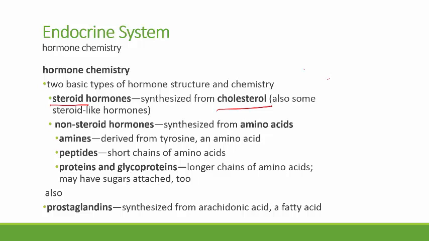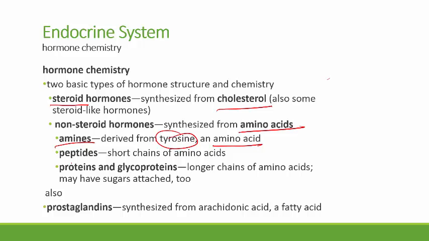And then there are non-steroid hormones, and these are hormones that are built from amino acids. So there are three different kinds of non-steroid hormones. There are ones that are called amines, and they are derived from a single amino acid, tyrosine is the name of that amino acid.